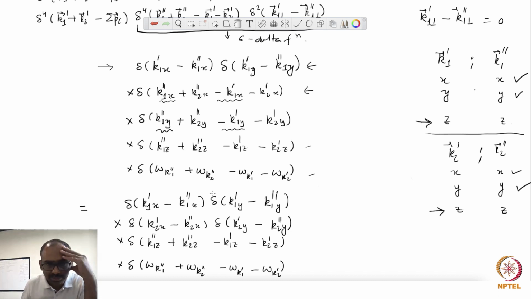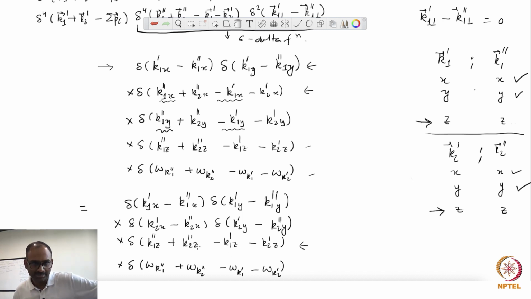Now, if you look at this delta function, it will click if k1 double prime z is equal to k1 prime z, and that will be nice because then it will mean that the z components also match, and also when k2 double prime z equals k2 prime z. So the argument of the delta function would be 0 and the delta function would click.